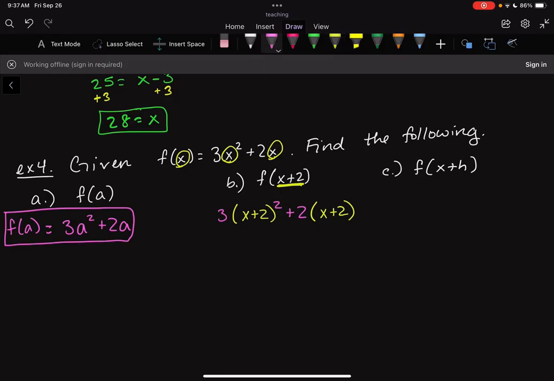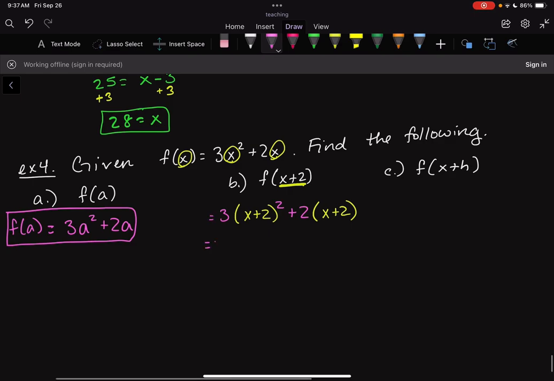And then we can simplify this. Be careful as you simplify. You have to do exponents first. So this is 3. And before we can distribute the 3, we have to deal with the x plus 2 squared. Be careful though, x plus 2 squared is x plus 2 times x plus 2. So make sure that you don't distribute that squared. Keep going. I get x squared plus 4x plus 4.